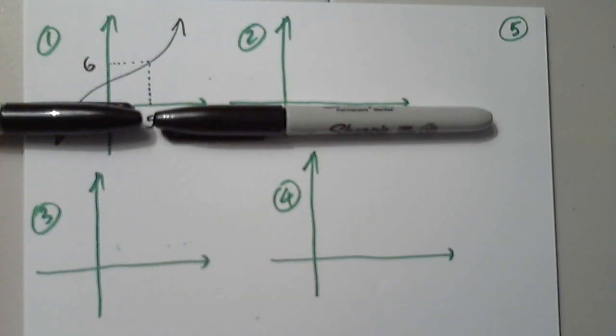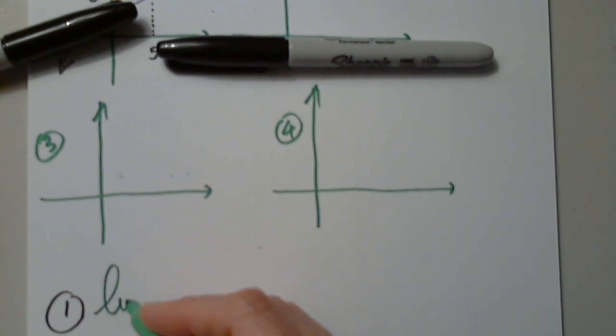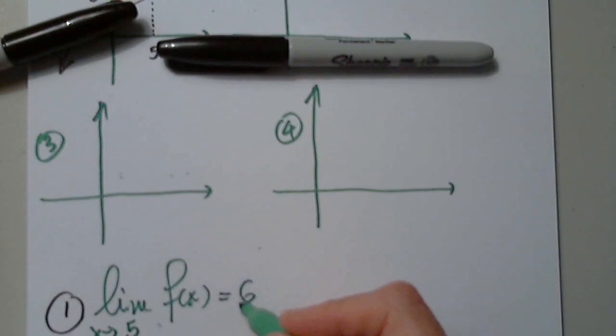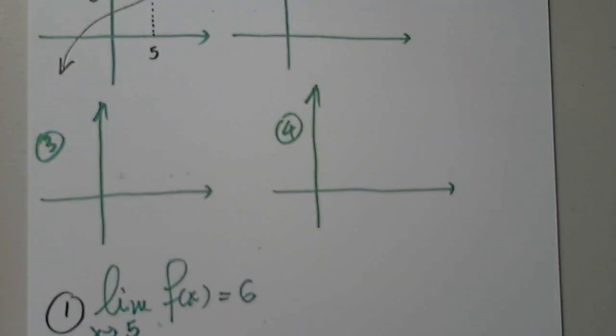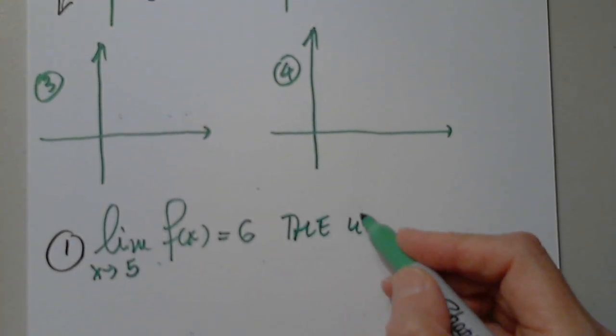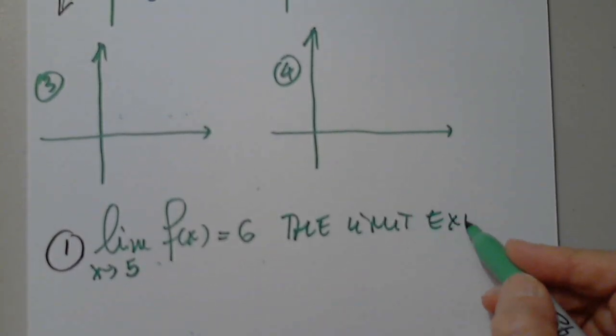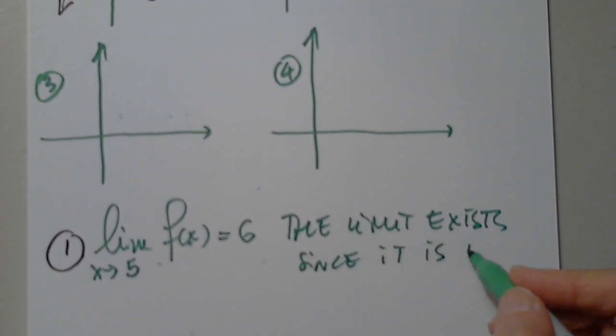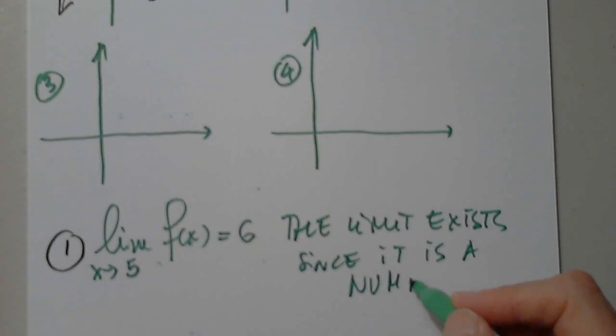Thank you very much. We will write limit of f of x as x approaches 5 from either side equals 6. The limit exists since it is a number.